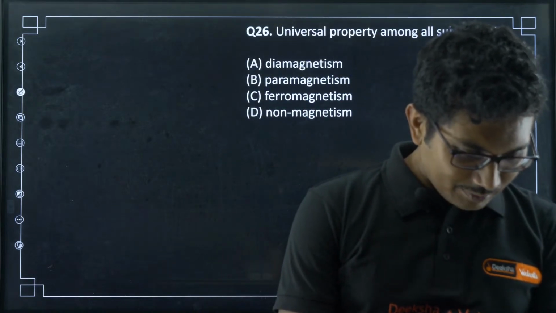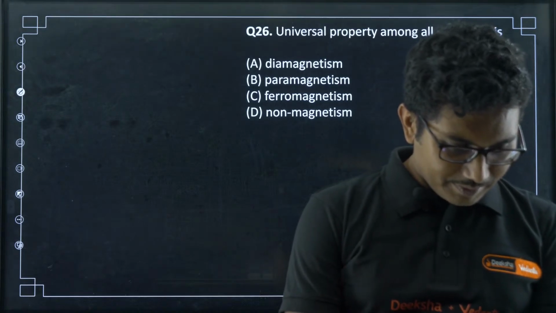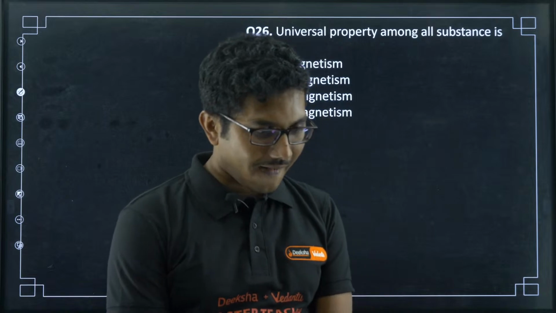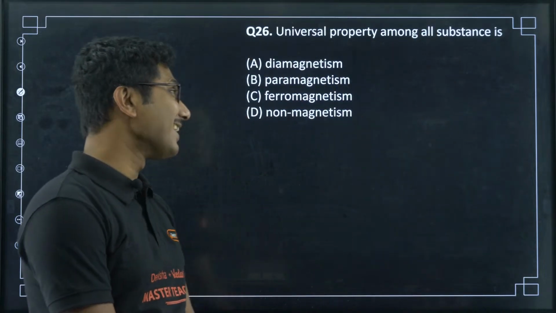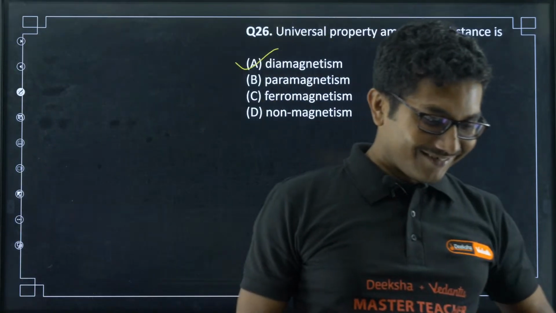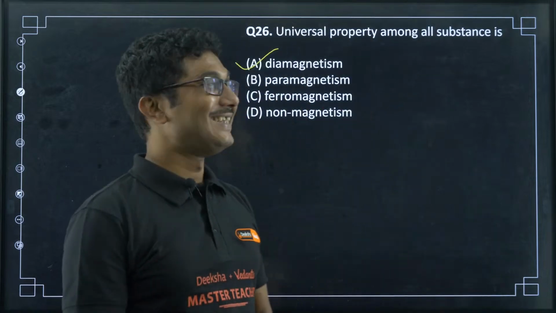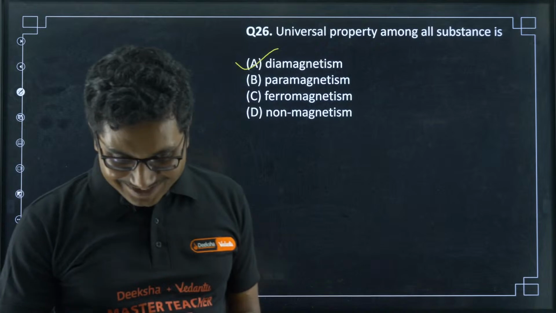Diamagnetism is a universal property in all materials, but it is weak and hard to detect in substances that are para or ferromagnetic. This is the exact line written in your NCERT book. Only Pradeep answered wrongly, then he deleted his answer.